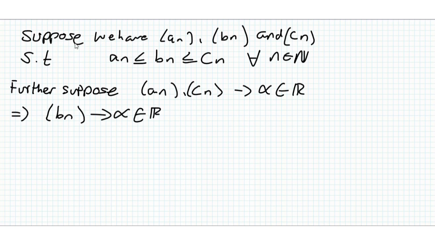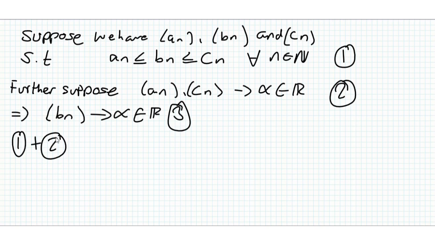So with this suppose, we're saying if this condition and this condition are true, then this implies 3, okay? Let's just dissect this a little bit more. (an), (bn), and (cn) in the brackets represent the sequences. an, bn, and cn without the brackets are the terms in the sequence.